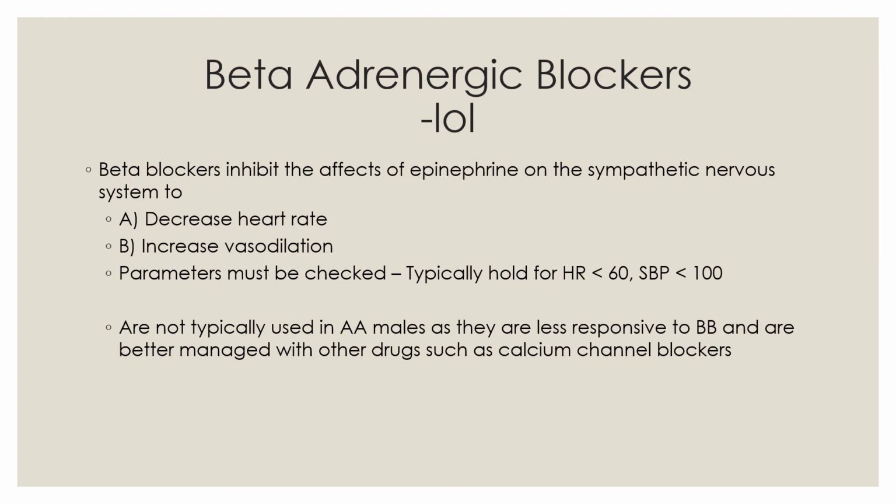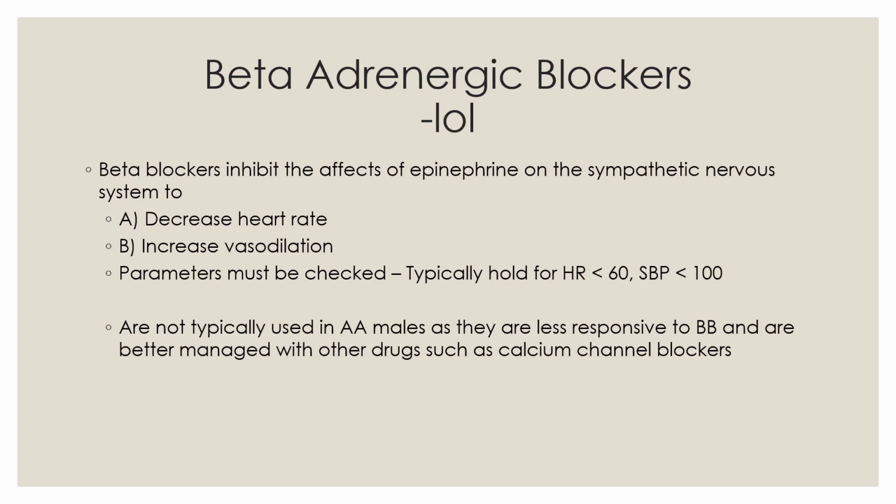Beta-adrenergic blockers are perhaps the most common antihypertensives behind diuretics. They're usually the first drug to be prescribed when diuretics alone don't work. Now, these drugs actually turn down the sympathetic nervous system by decreasing the effects of epinephrine on the sympathetic nervous system.